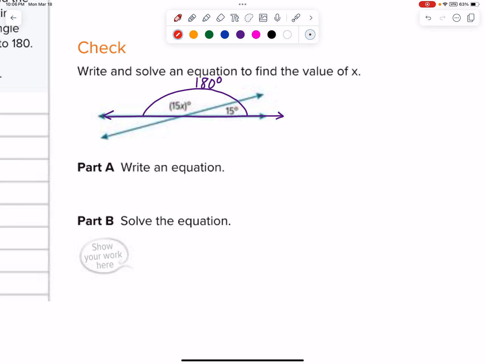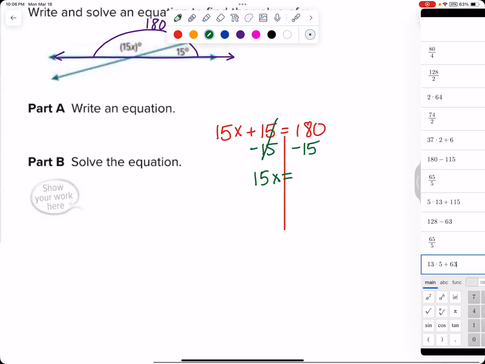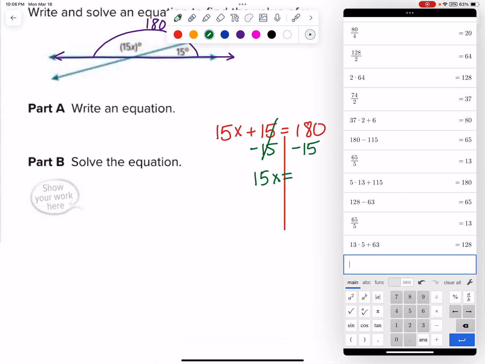All right, so you should have 15 plus 15x equals 180. Separate your workspace, and we go ahead and solve. So subtract 15 on both sides, cross that out, and we have 15x equals 180 minus 15, which is 165.